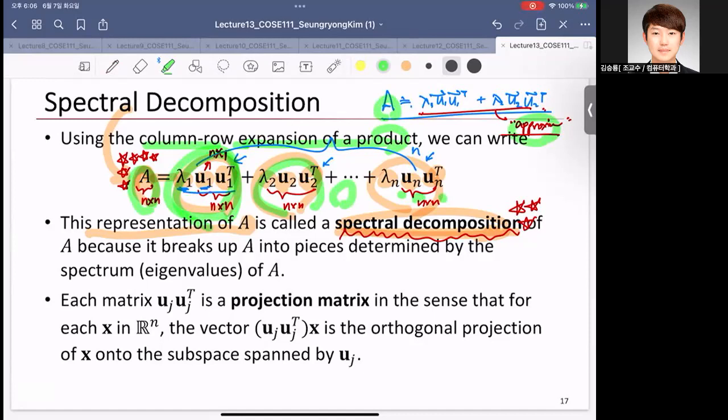근데 이제 이런 게 어디에 쓰이냐면, 이번 학기에 가장 중요한 theorem 중에 하나예요. Spectral factorization.